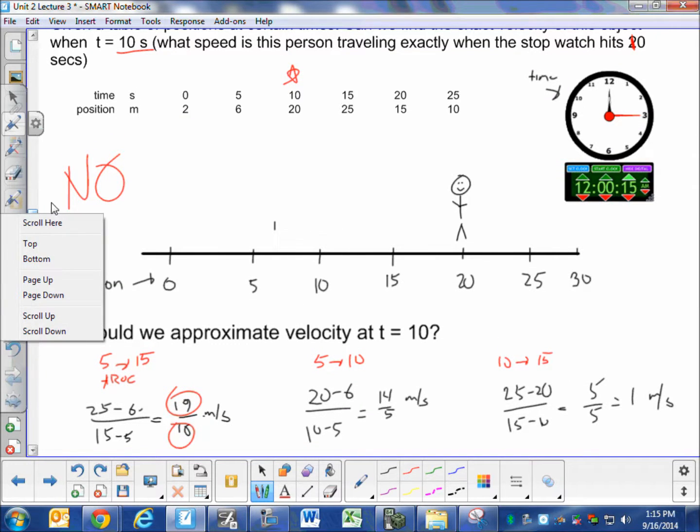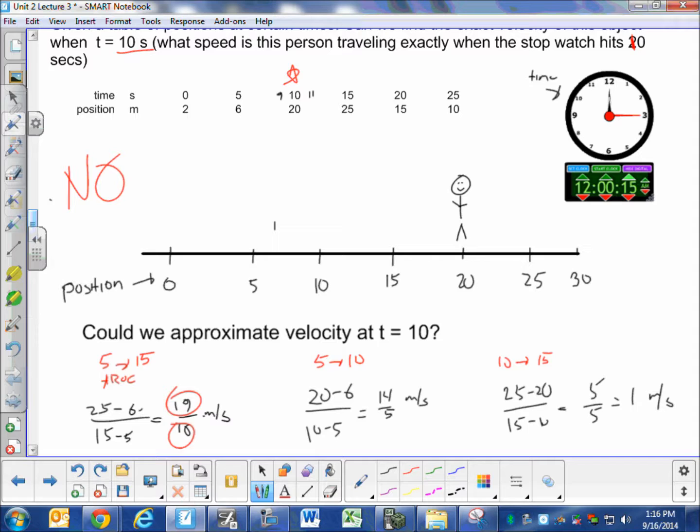What would give me a better approximation of the exact velocity at 10 seconds? Exactly. If I had maybe my position at 9 and 11, I can better understand what's going on right at 10. It's a good idea.